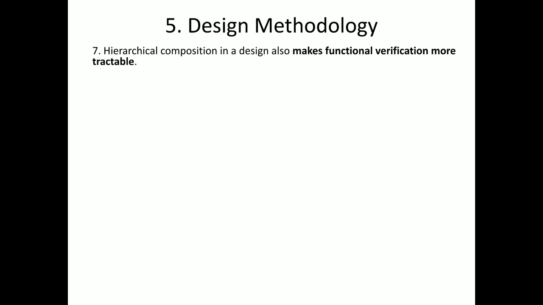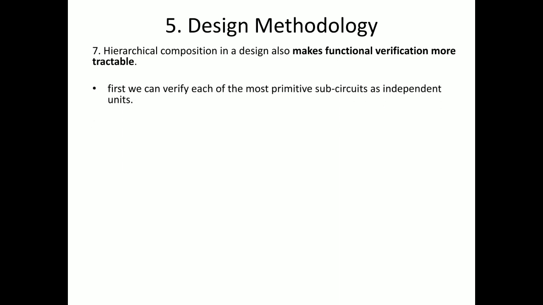And the hierarchical composition in a design also makes functional verification more tractable. Tractable means somewhat easier. First we can verify each of the most primitive subcircuits as independent units. In hierarchical composition we can verify the subcircuit, and then we can verify the next stage. Likewise, we can verify the complete design stage wise.